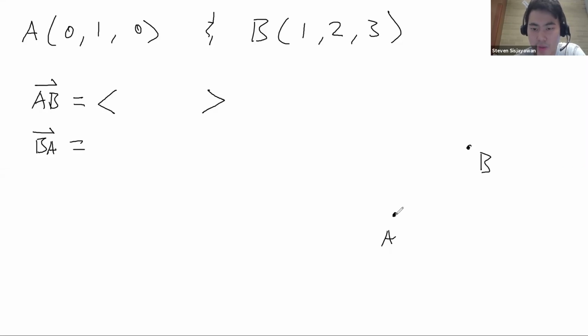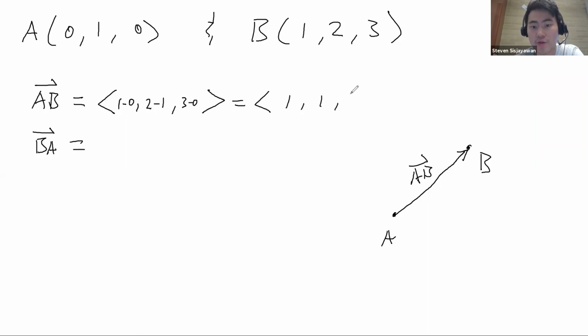AB is going to look like this black vector, where the head of the vector is at B and the tail of the vector is at A. So what you do is always take the point at the head and subtract its respective components in point A, the tail. In this case, you have 1 minus 0 for the x component, 2 minus 1 for the y component, and 3 minus 0 for the z component. So that vector is going to be <1, 1, 3>.